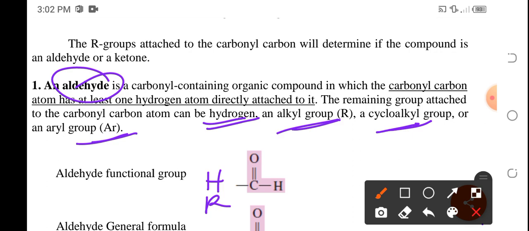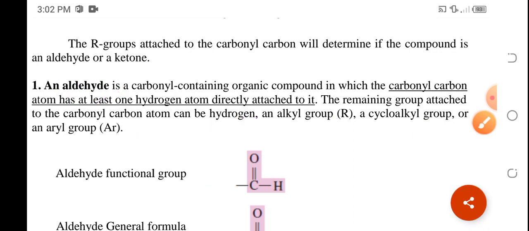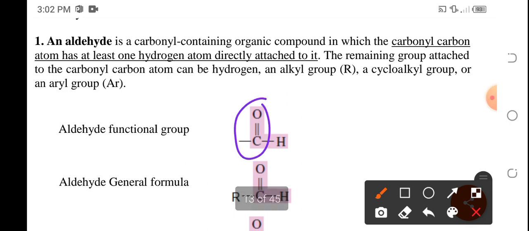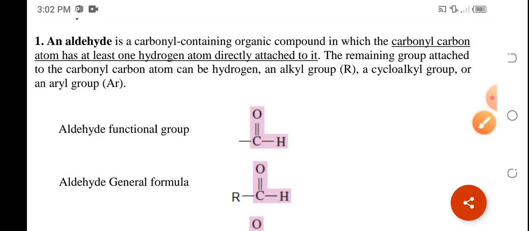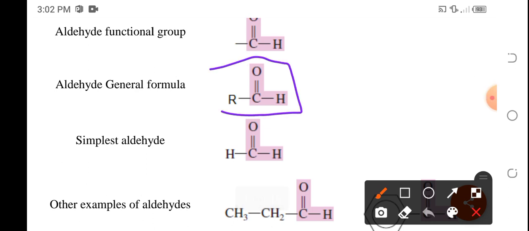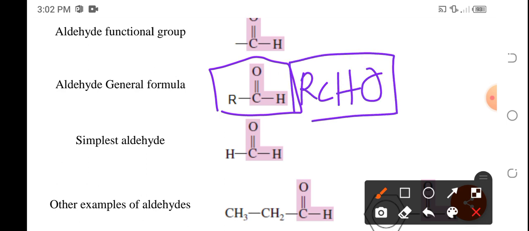Okay, so ulitin natin, for it to be considered an aldehyde, the carbonyl carbon should always bear at least one hydrogen, such that the general formula for aldehyde is RCHO, RC double bond OH. Ganyan.